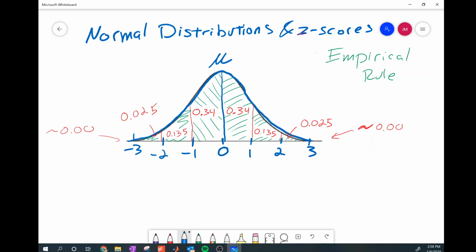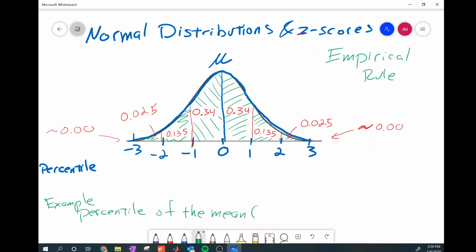Now we're going to talk about something called percentiles. The percentile is just all of the area preceding that value. So for example, the percentile of the mean, or z-score is 0, would be what?